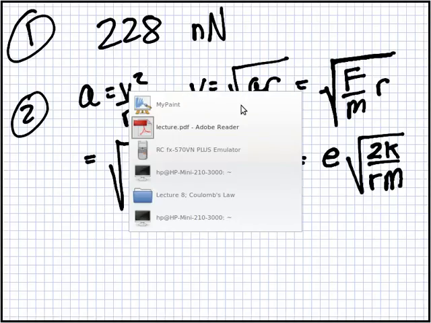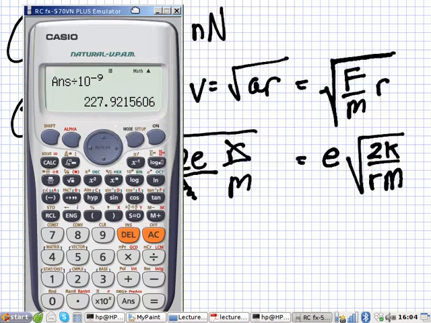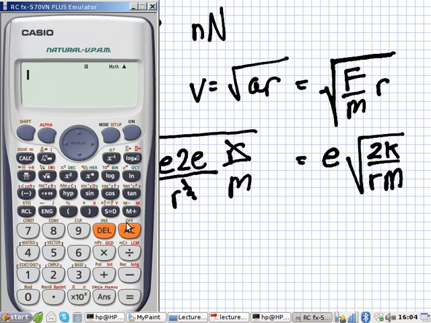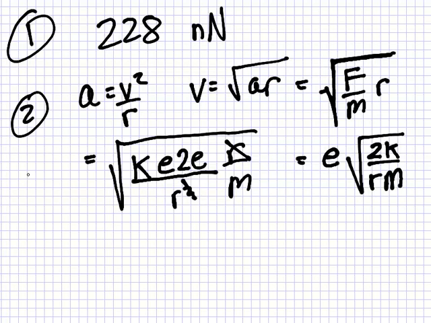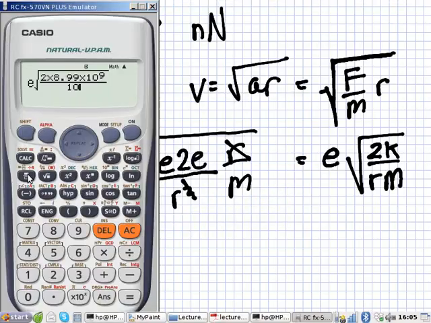So we'll see if we get the same answer. Square root fraction 2 times 8.99 times 10 to the power of 9 over, what was the r? 10 to the minus 10. And then the mass is number 3 on the calculator, is it?